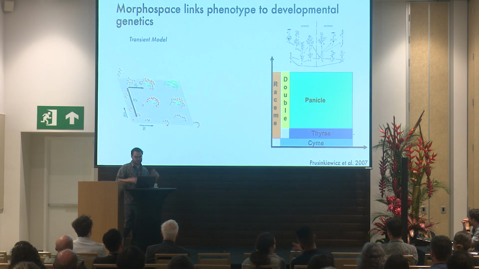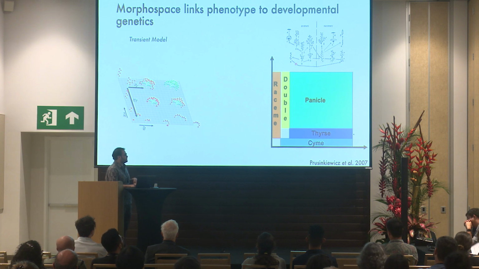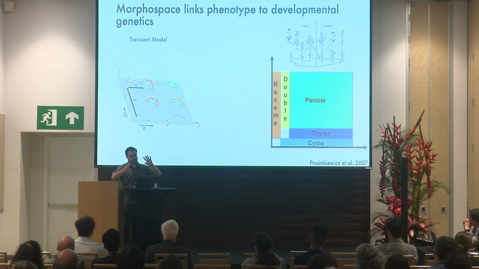So how can we use this in an evolutionary sense? Well, what I thought is that we could take our discretely scored traits and map them onto this morphospace, therefore rescoring them by a set of continuous parameters that the morphospace uses to generate these structures.